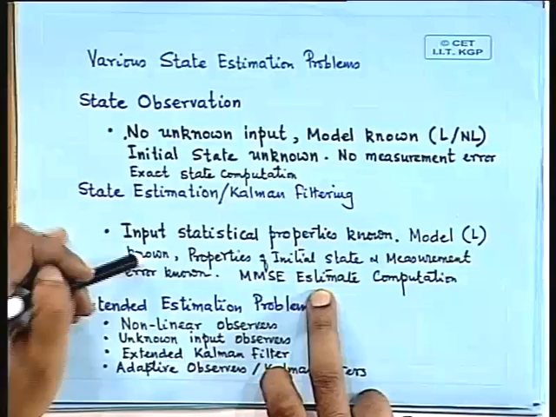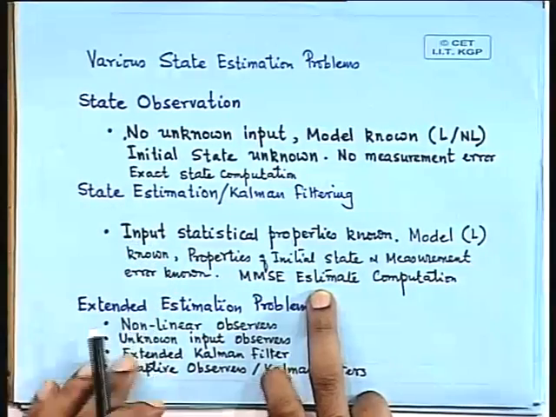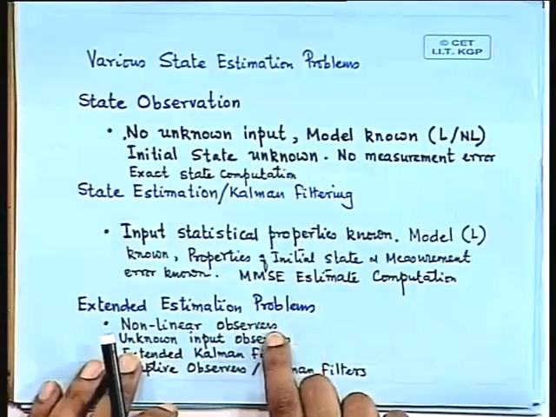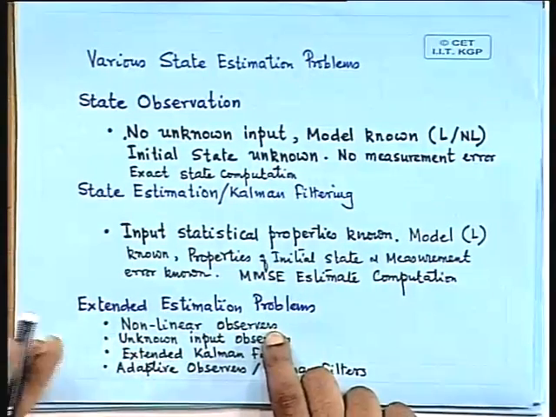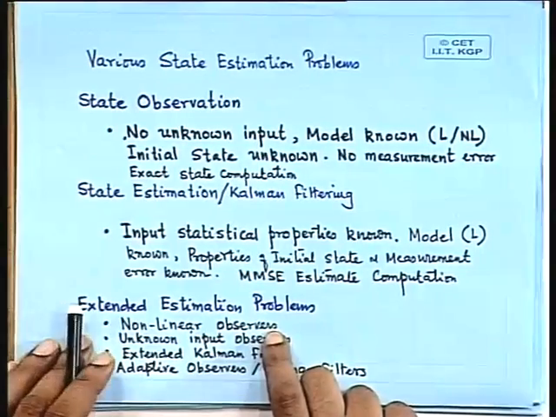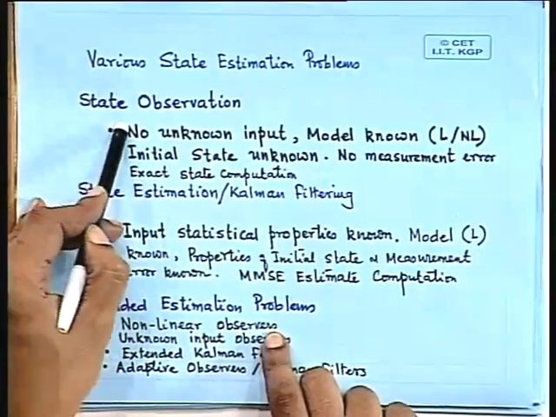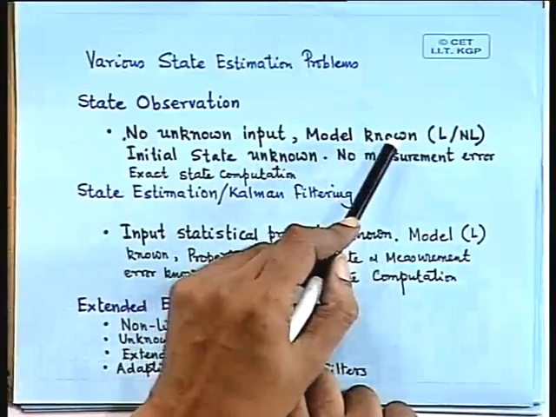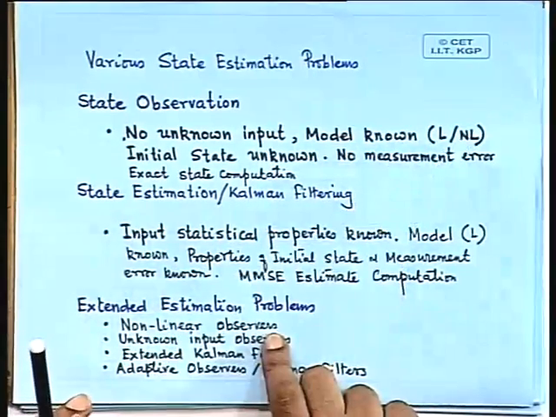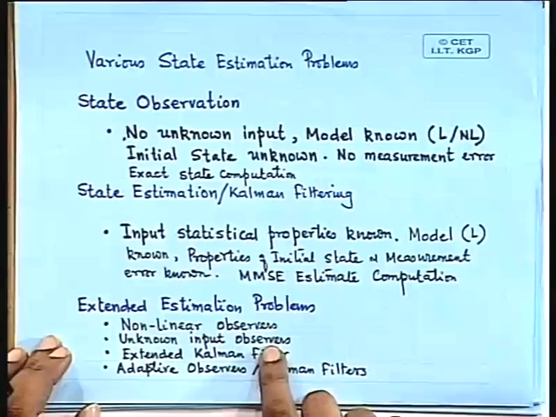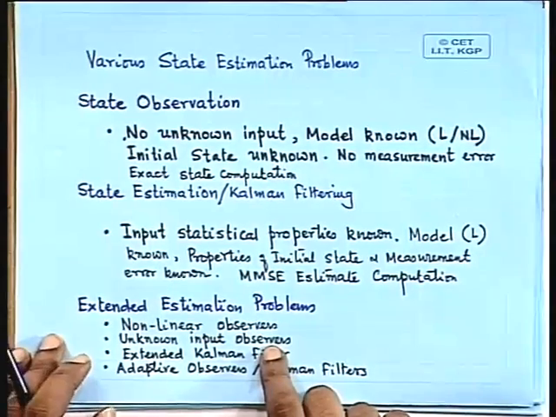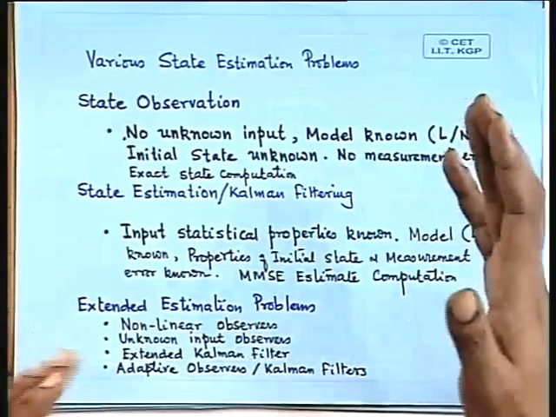Now once you have this, you can have various other variants. For example, you can have a nonlinear version of the observer, which is much more complicated, because nonlinear dynamics is much more complicated. Same case, except that the known model is nonlinear. Similarly, you could construct unknown input observers, that is, whether it is possible that the effects of some of the inputs can be totally decoupled from the state.